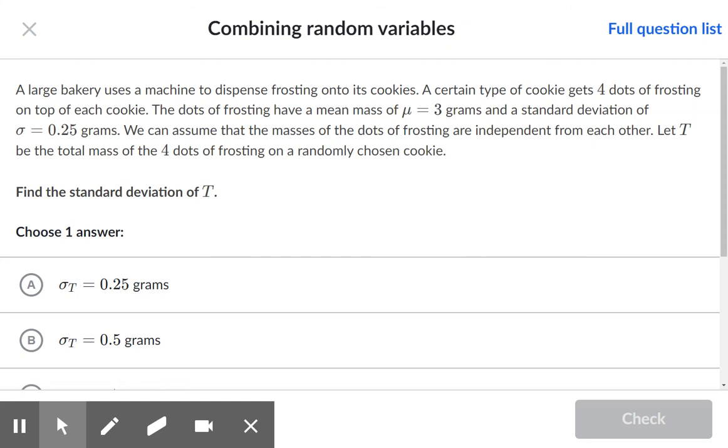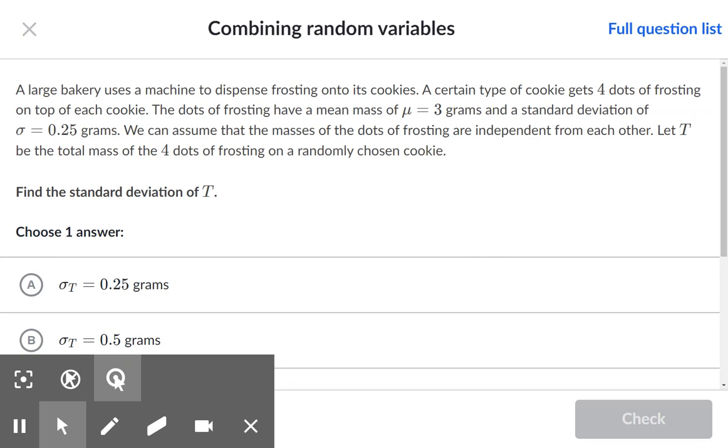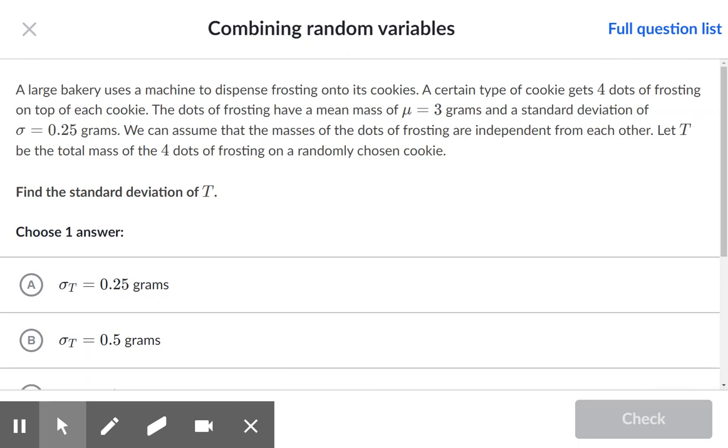You just multiply by 4. So use our calculator. I'll take 0.25. There's a square button here. I square it, so 0.0625. Then I multiply that by 4. So I get back 0.25. How cool is that?